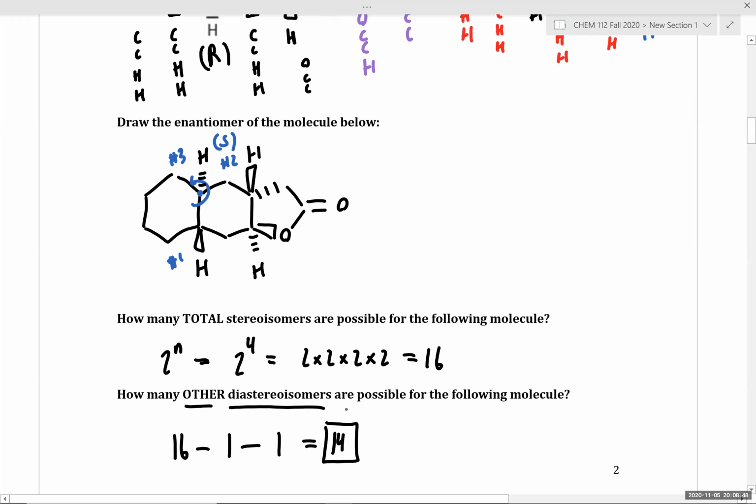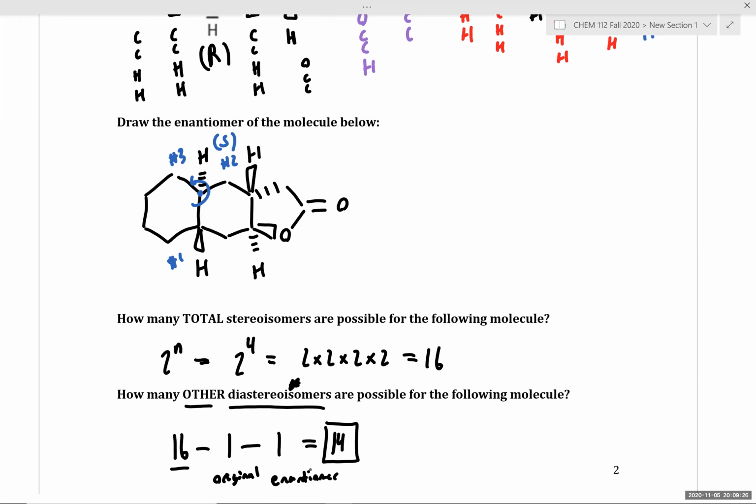Does that make sense? N is the stereocenters. Yes, exactly right. So to calculate the total stereoisomers, it's 2 to the n, where n is the number of stereocenters. If we wanted to know the diastereoisomers, we take our total minus our original molecule and then minus our enantiomer, because the enantiomer is not a diastereomer. And that tells us we have 14 molecules that have a different stereochemistry at one or more, but not all of our stereocenters.